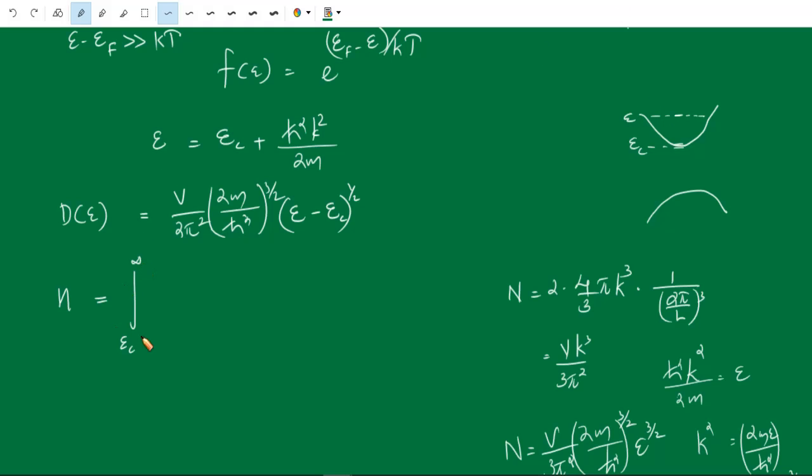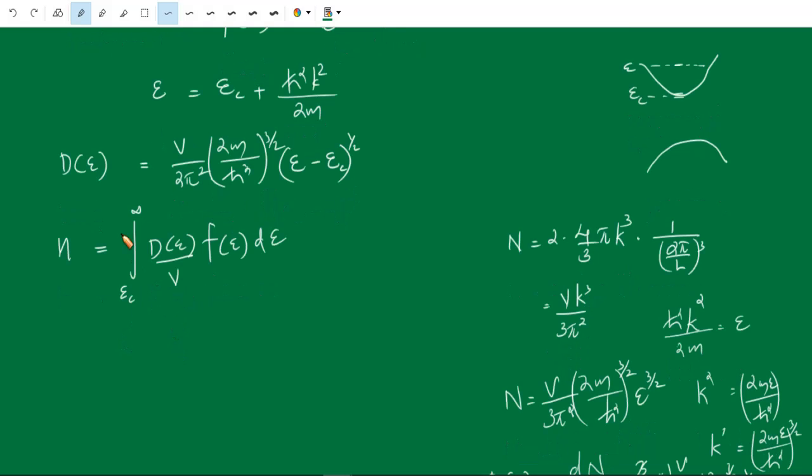So integral EC to infinity, V d of E into the probability f of E dE. So this is the number, sorry, this is the total number, and now we have to divide with the volume, then we get a number density.